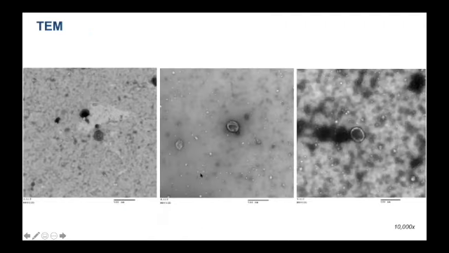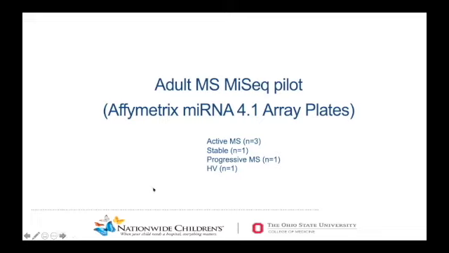This is some of our EM results. Again, there were a lot of small vesicles in addition to other co-isolates from our preparation. But I'm very reassured that we were able to get some interesting results even with the pilot adult study here.